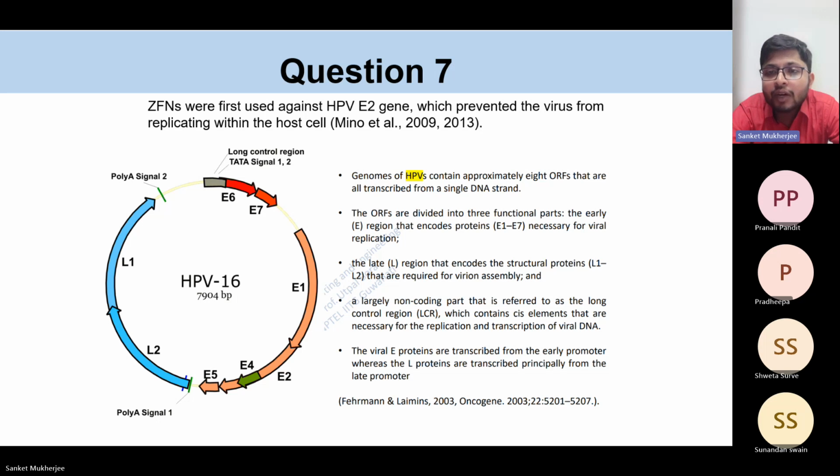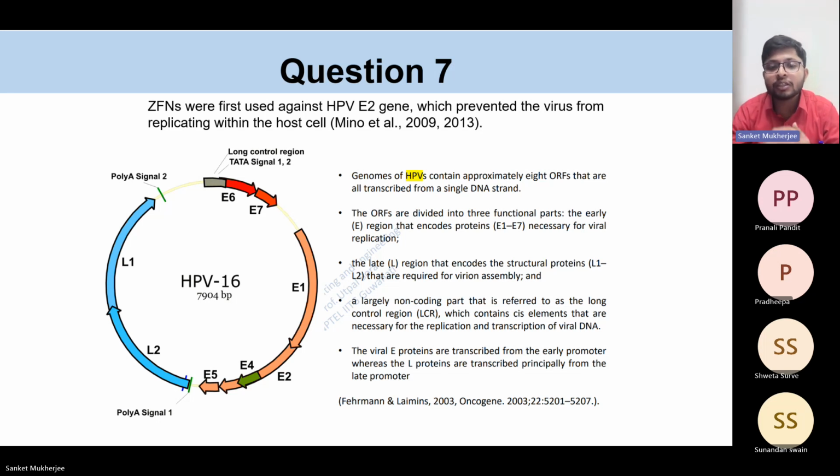The E1 to E7 genes are open reading frames, which are the early region of this virus. The late region has L1 and L2. The E genes are expressed first, and then the late genes. This is basically how it works.